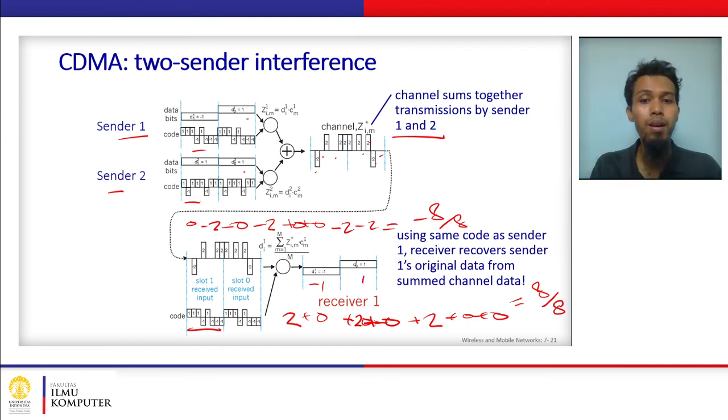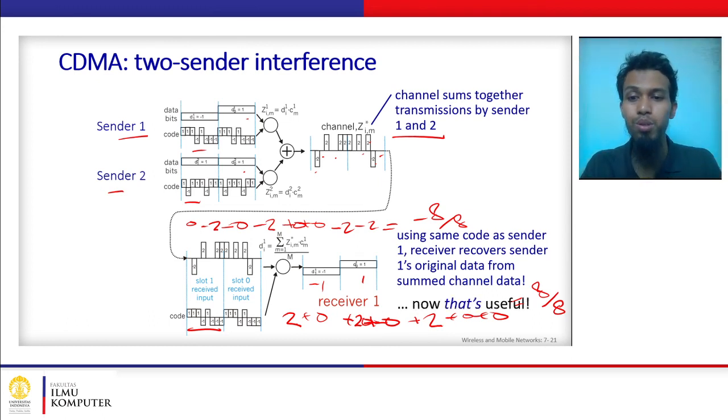So using the same code as the sender, at receiver 1 we can recover the data that was sent from sender 1. Now we can see that this is more useful. Again, remember that this only works if all the senders' codes are orthogonal to each other.